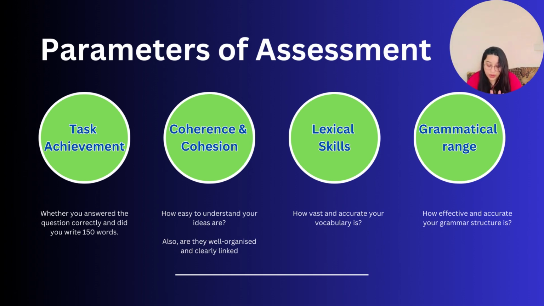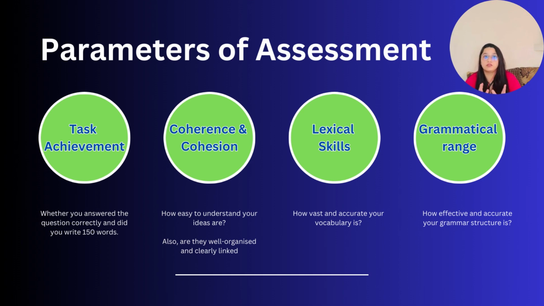Then comes cohesion and coherence, or coherence and cohesion, which means how well your ideas are written and how well you have linked or connected your ideas together. So it's about how easily somebody can read and understand what you're trying to say. Whatever you're trying to say should be knitted well together.